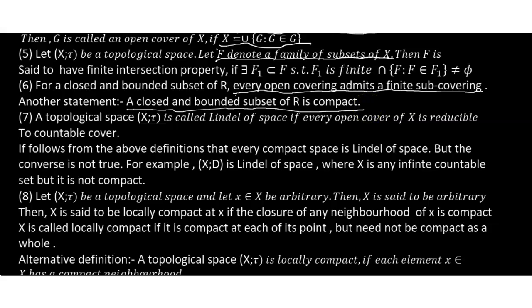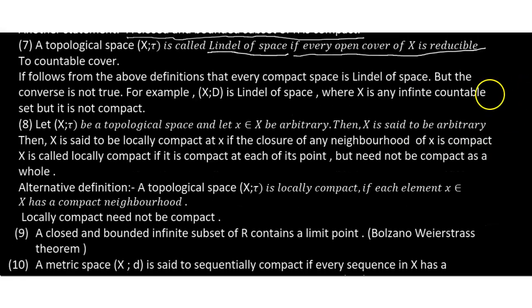A topological space (X, tau) is called a Lindelöf space if every open cover of X is reducible to a countable cover. It follows from the above definitions that every compact space is a Lindelöf space, but the converse is not true.